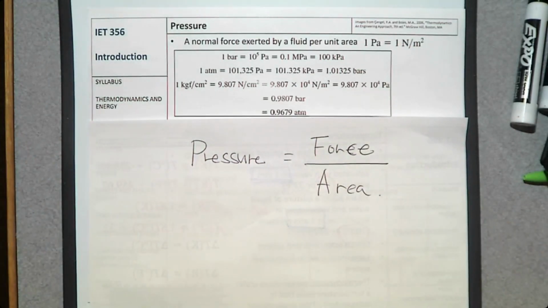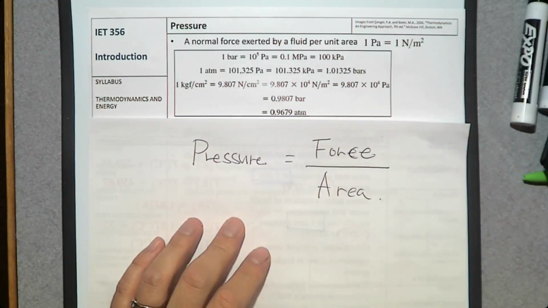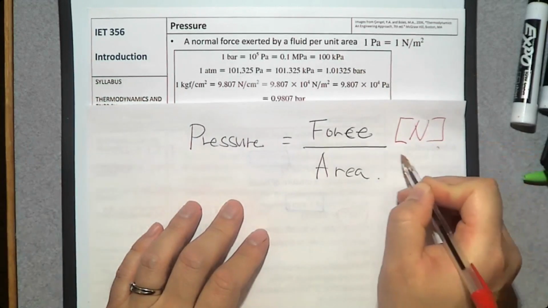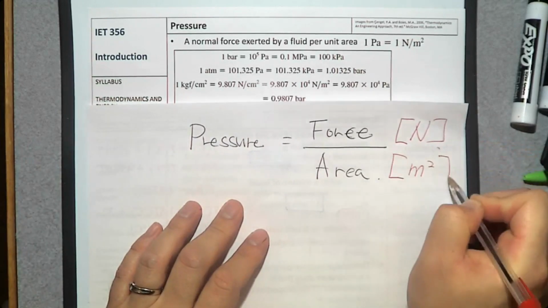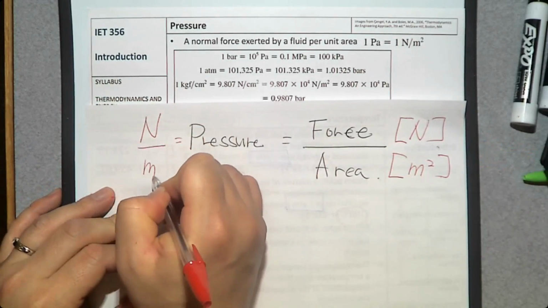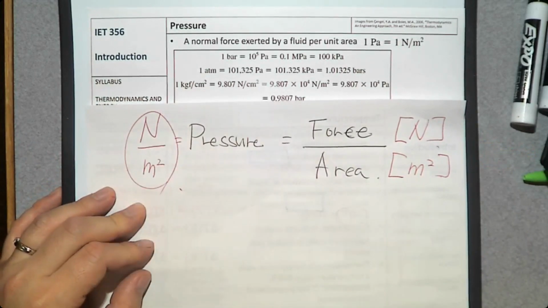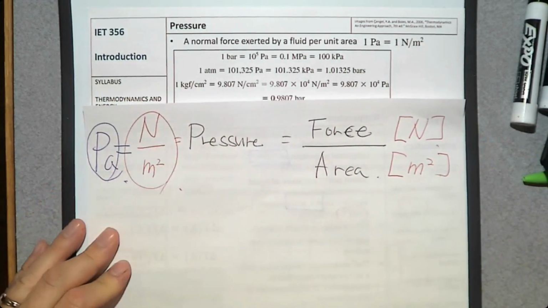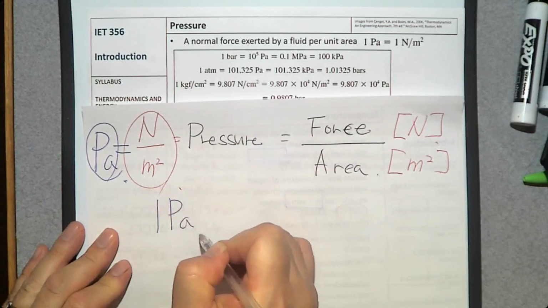Then what is the SI unit of force? Newton. Then what is the area? Meter squared. So pressure is going to be Newton per meter squared. That is Pascal.